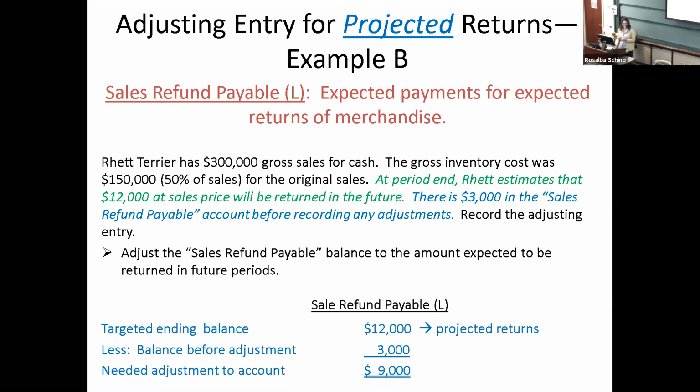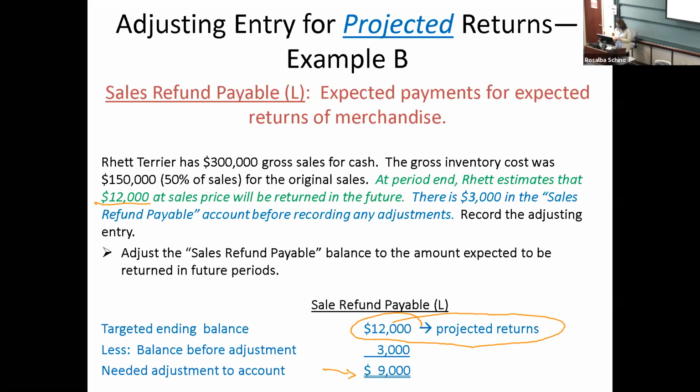So you really need to adjust just for the difference. If you add $9,000 to the $3,000 you have, you're going to reach the targeted amount of return, which is $12,000. So again, I have $3,000 already in the account from previous periods. My goal is to have estimated returns of $12,000. If I already have $3,000, I need to adjust only for $9,000.